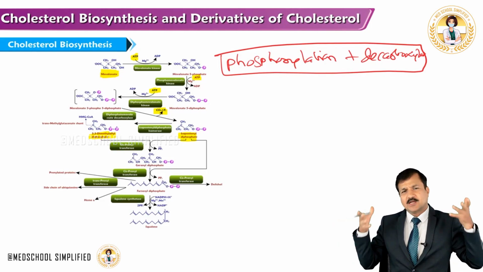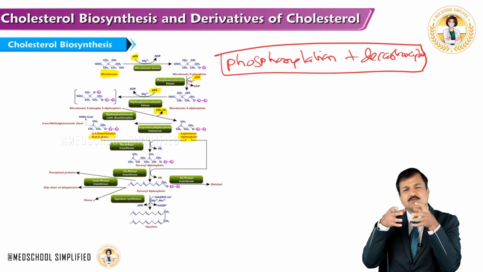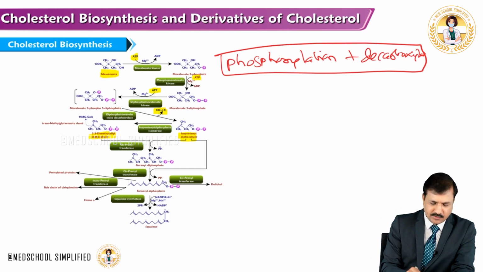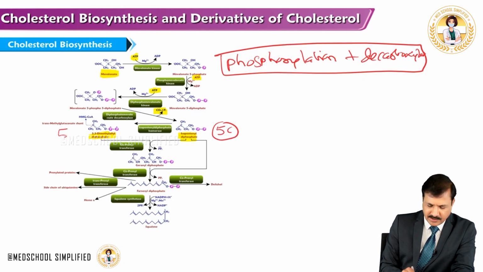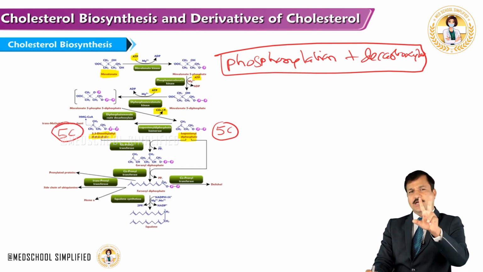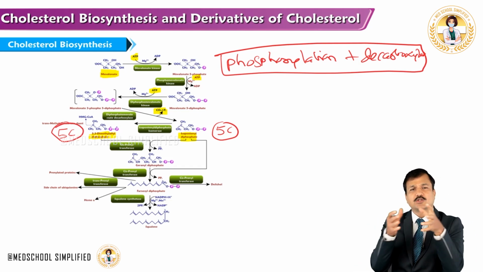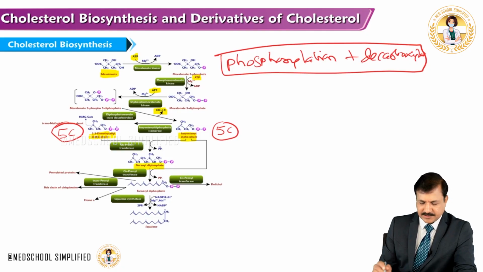Now both of them, because these are going on in the cytoplasm, condense with one another. That means we have 5-carbon isopentenyl diphosphate and 5-carbon dimethylallyl diphosphate, so 5 plus 5 carbons, 2 isoprenoid units. They both condense with one another and make geranyl diphosphate.